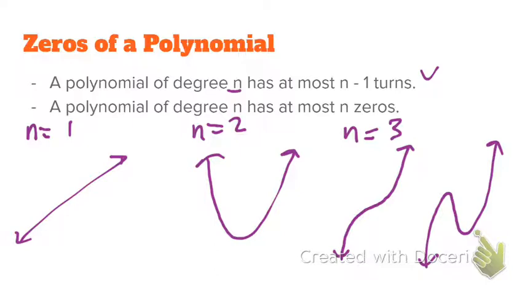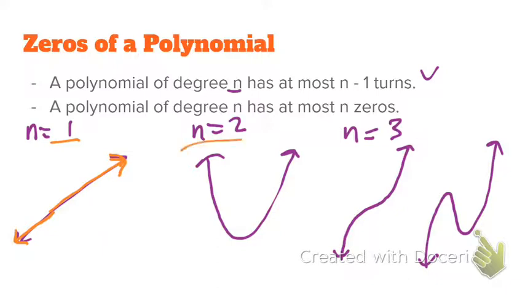Now, just a quick comment on this. If you think about it, those two things kind of go hand in hand with the turns. Like if this is an odd degree, it's got to go in opposite directions. So if it's approaching negative infinity to the left, then to the right it has to approach positive infinity, or else if it turned, then it'd be going in the same direction, so it wouldn't be odd.